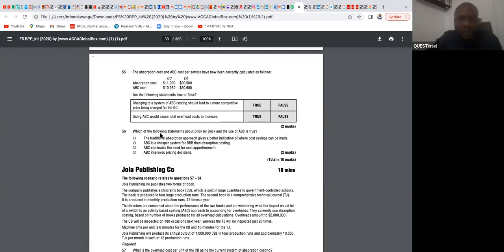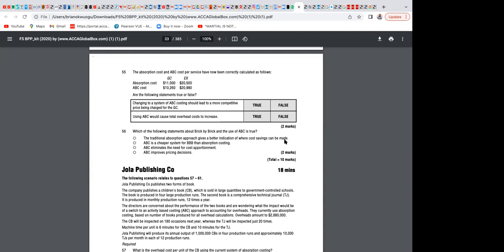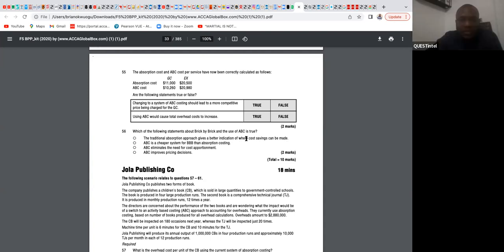Then which of the following statements about Brick by Brick and the use of ABC is true? Traditional absorption approach now gives a better indication of where cost savings can be made. No, that's not true. There's no cost savings on any of them. You're just allocating the costs. It's target costing, that kind of thing, that will give you a cost saving approach.